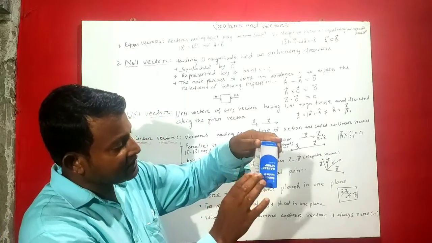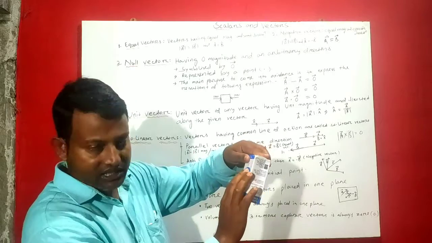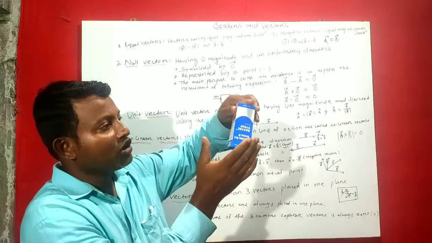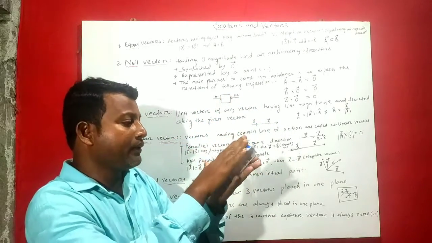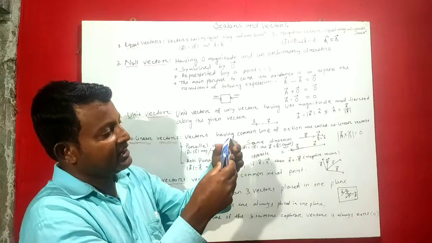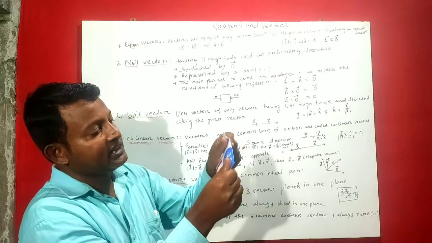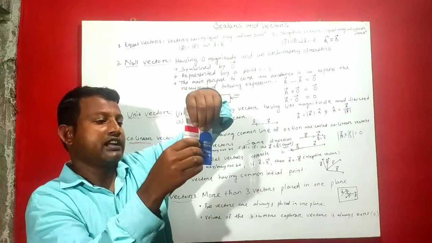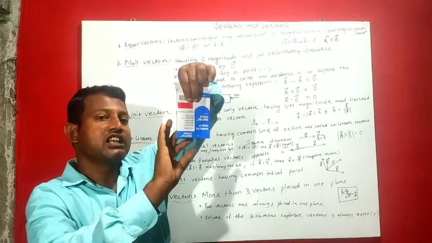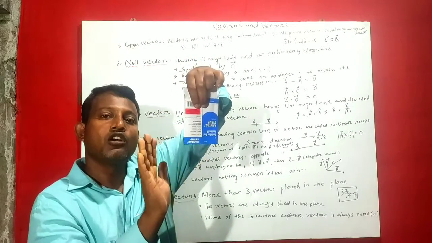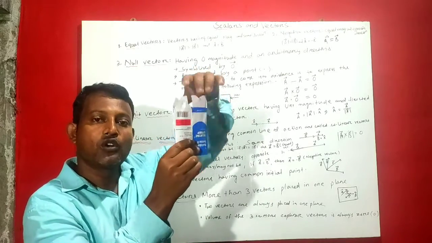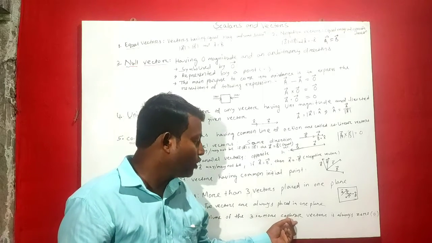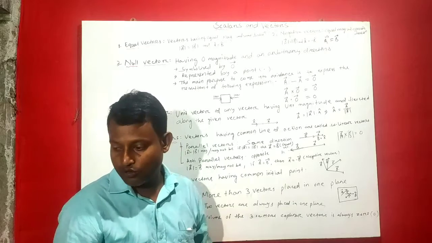Then the imaginary cuboid has some volume, but when I press this cuboid, it becomes a rectangle. That means it has no volume. It has area but no volume. So the volume of three or more coplanar vectors is always 0.